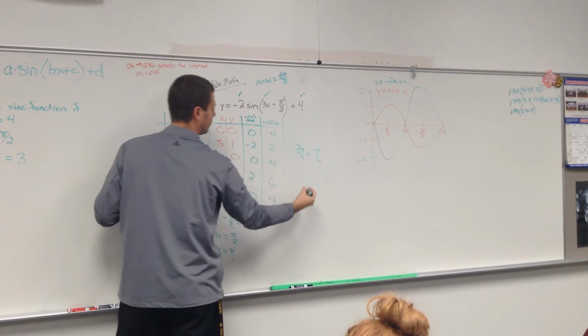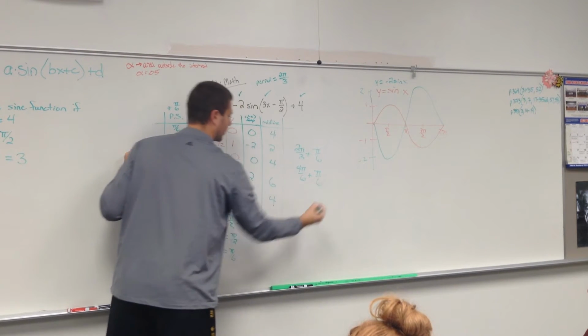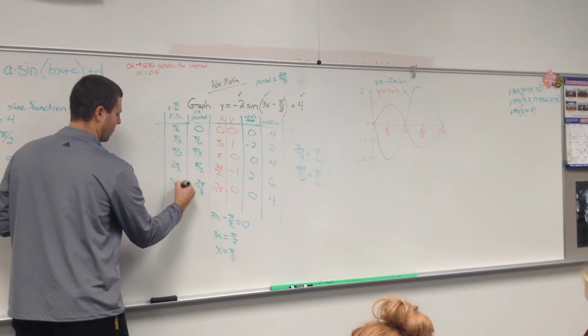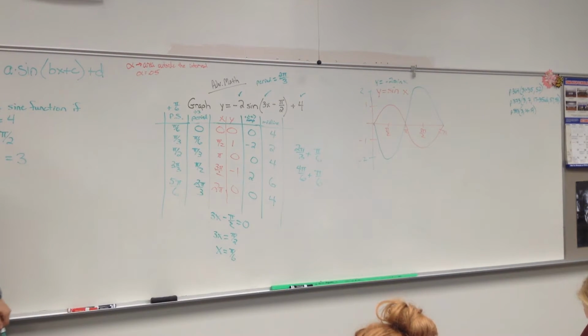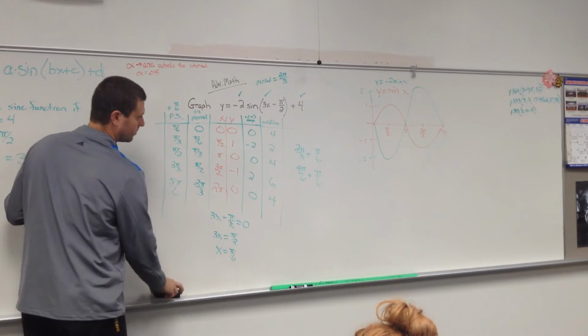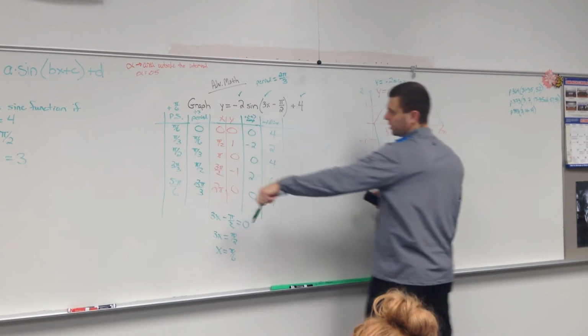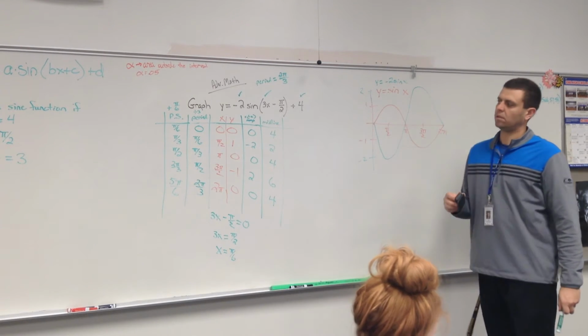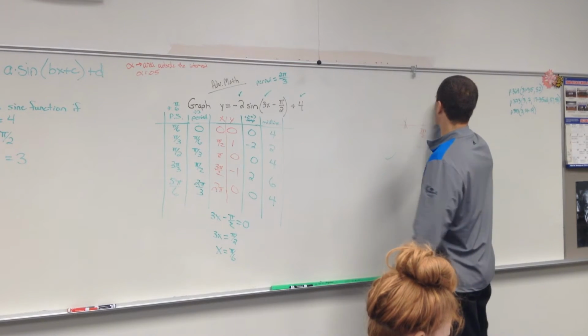Multiply by 2. So 4 pi over 6 plus 1 pi over 6 is 5 pi over 6. I'm noticing something. Well, actually, no. It worked out in this instance where they just kind of all shifted over.